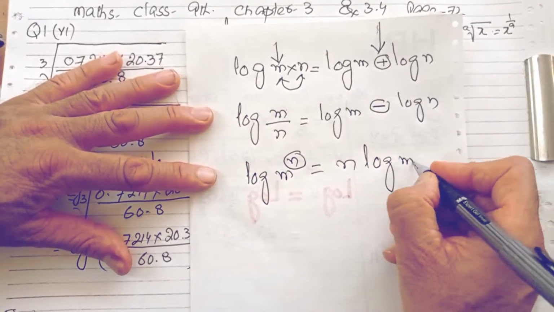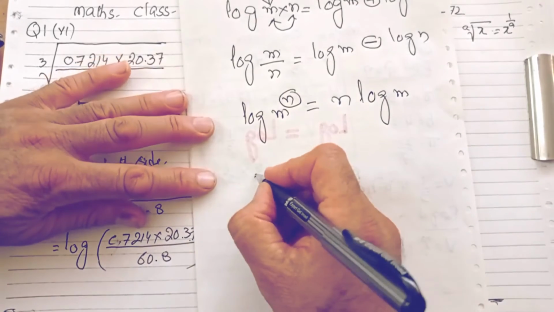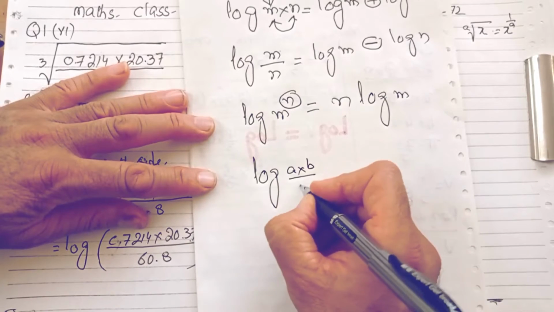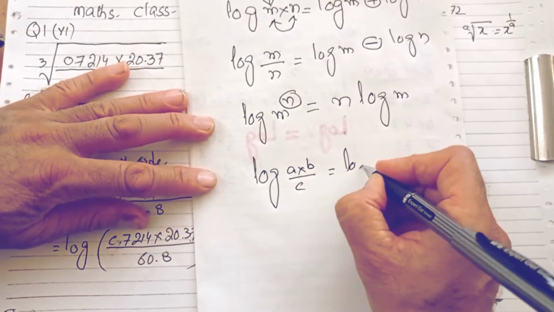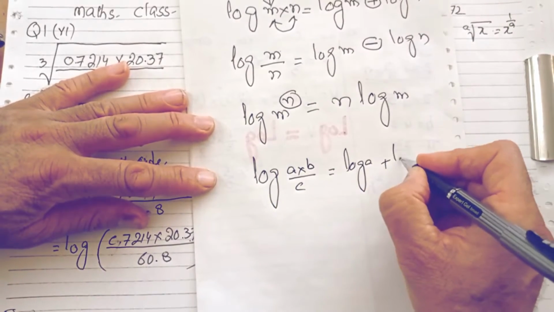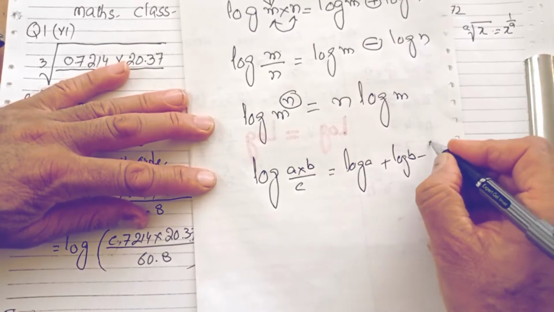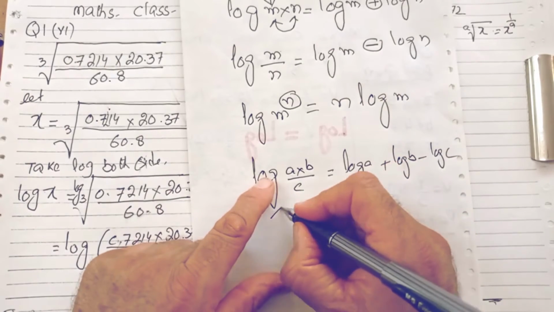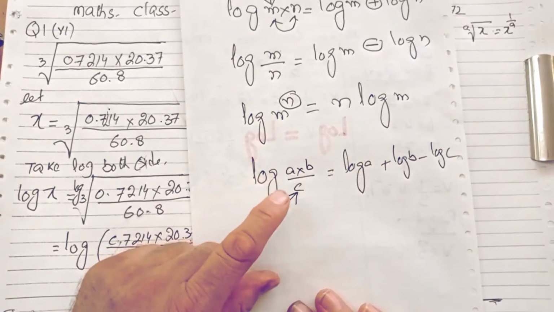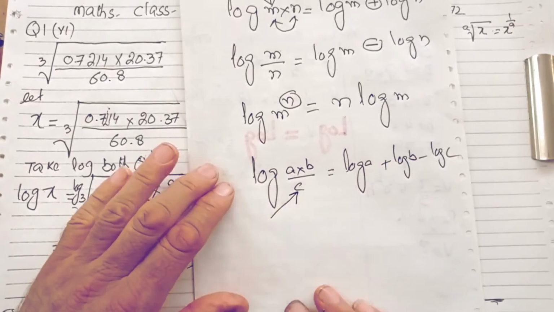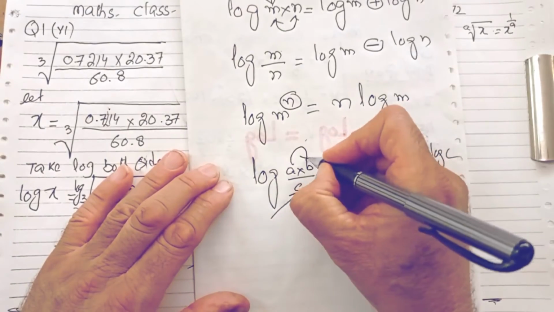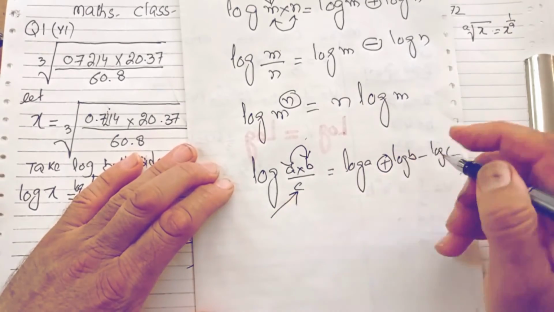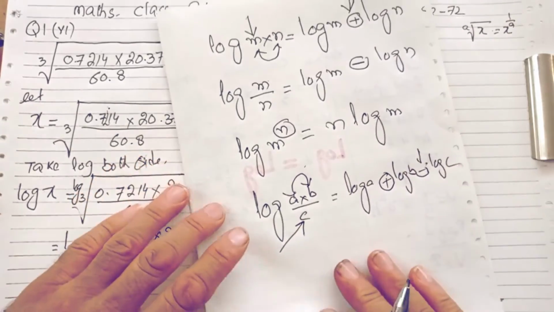If there is log of A multiply B divided by C, I will write log A plus log B minus log C, because this C is in the denominator. A and B are multiplying, so I place plus over here, but C was in the denominator, so I place minus over here.